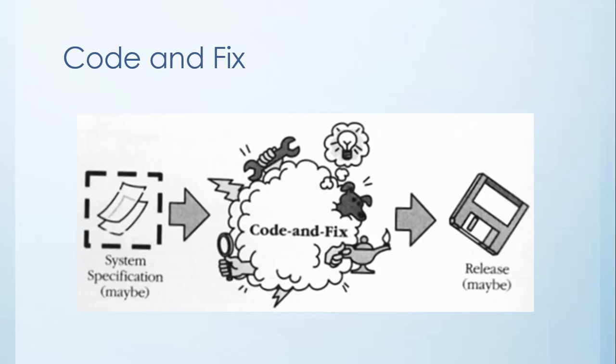For any kind of project other than a tiny project, this model is very dangerous. It might have no overhead, but it also provides no means of assessing progress. You just code until you're done. It provides no means of assessing quality or identifying risks.